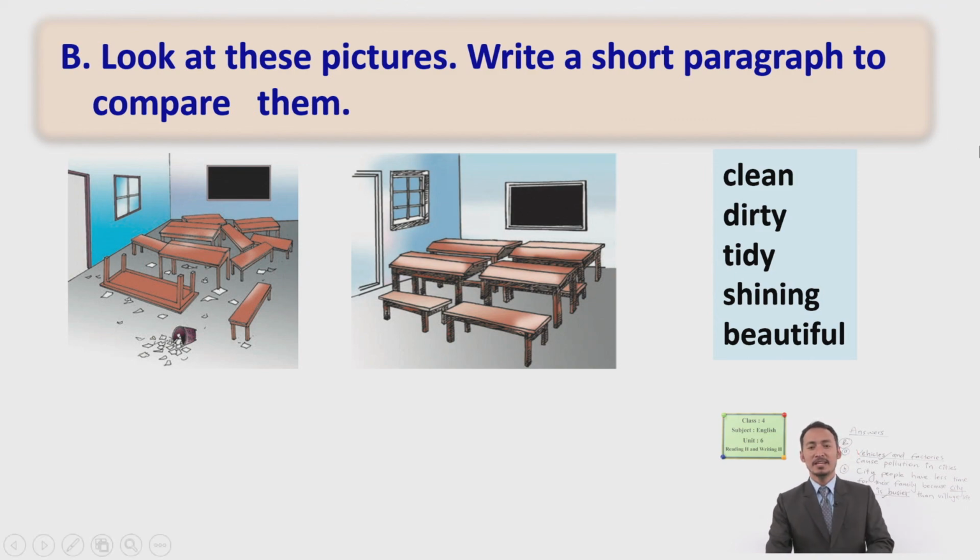So you can say the second room is cleaner than the first one. The first picture is dirty. And you can say the next one is tidier. And the second picture is more shining, and more beautiful.